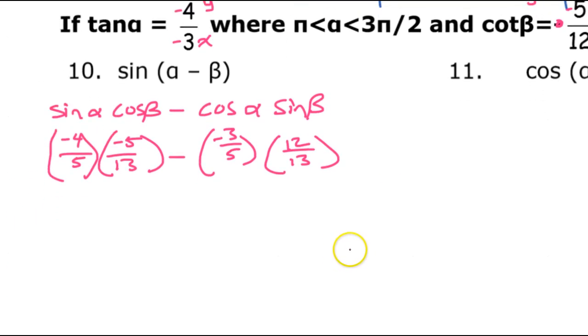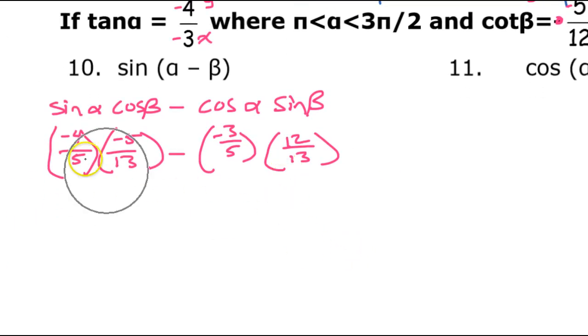So the rest is just a matter of simplifying this expression. So this is going to make positive 20 over 5 times 13 is 65. And then here I'm going to have minus a negative.